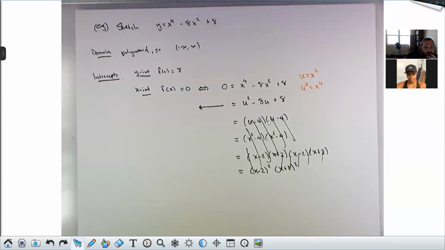It doesn't factor nicely. So we can complete the square, that's going to be a little bit tough. We can use the rational roots theorem if you remember that. I guess that's an option.